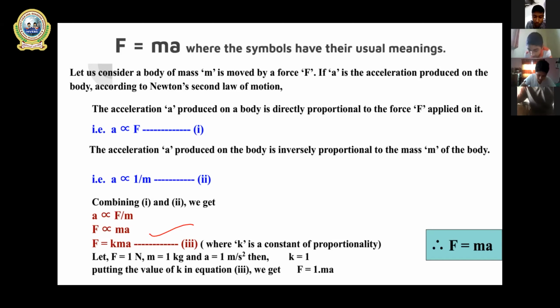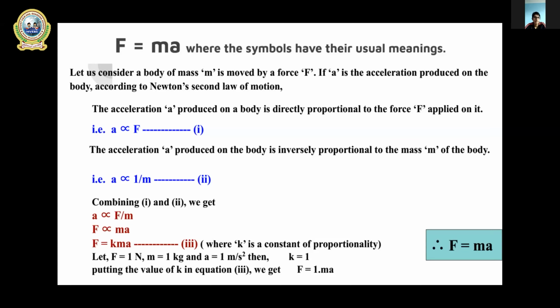Suppose the applied force is 1 Newton on a body whose mass is 1 kg. By applying 1 Newton force on mass 1 kg, the acceleration will definitely be equal to 1 meter per second square. So if you consider force 1 Newton, mass 1 kg, then acceleration will obviously become 1 meter per second square.